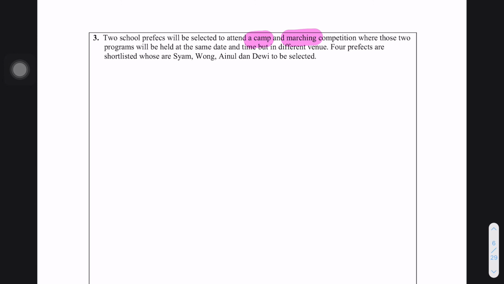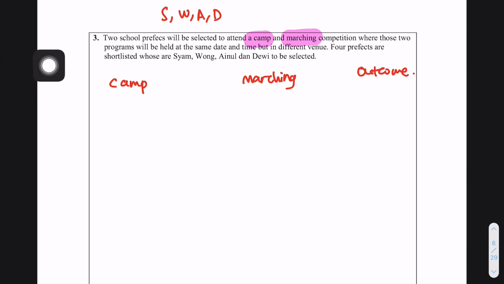So we need to write the same thing. The first one is camp, the second is marching, and then the outcome. We only have 4 students, Sham, Wong, Ainul, Dewi. I'm just going to write the initials.